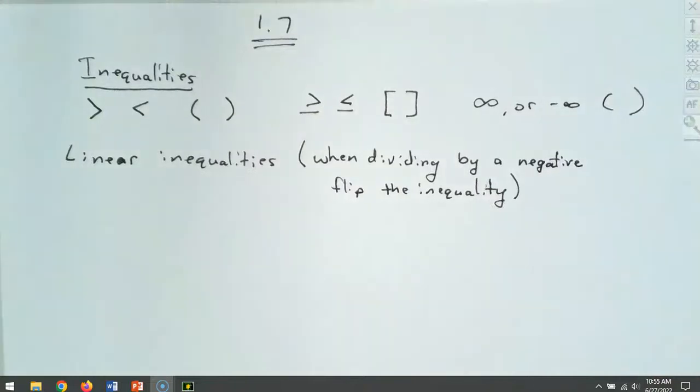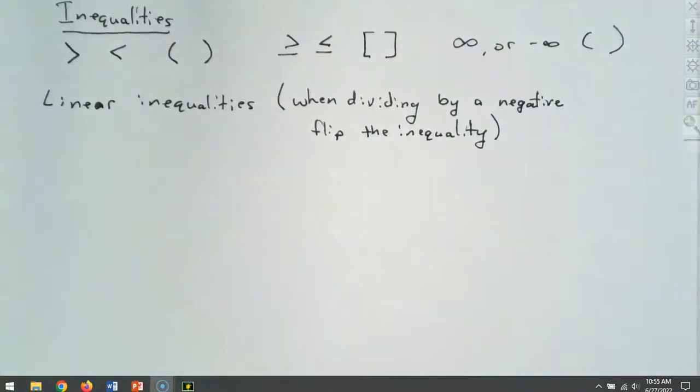Just want to make sure we remember that rule. So when we divide by a negative number, that's going to end up making us flip that inequality symbol. Right? So we reverse it. Reverse the direction. You've done these before. You've done these in elementary algebra. You did these in intermediate algebra. We're going to do them again in college algebra.